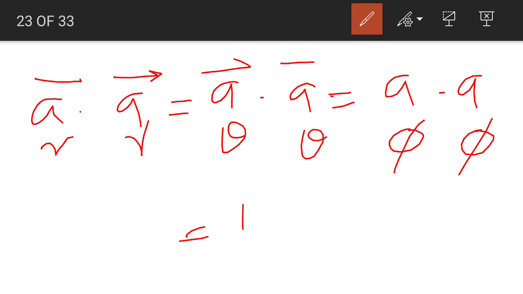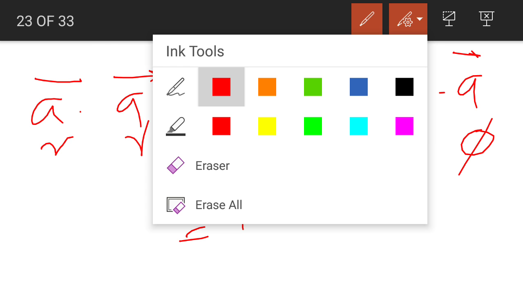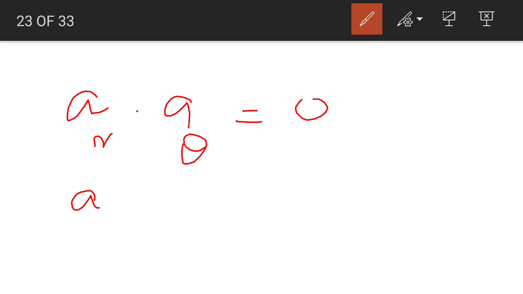We also know that AR dot A theta results in 0, AR dot A phi results in 0, and A theta dot A phi results in 0.